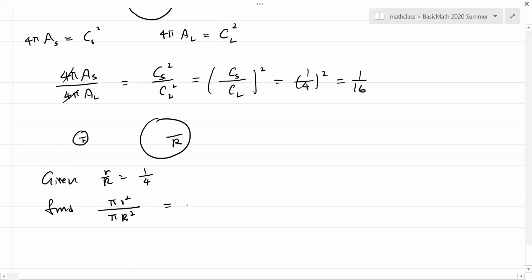So that's going to be just r squared over capital R squared. So that's little r over capital R, squared. Then that is 1 over 4 squared, which is 1 over 16.